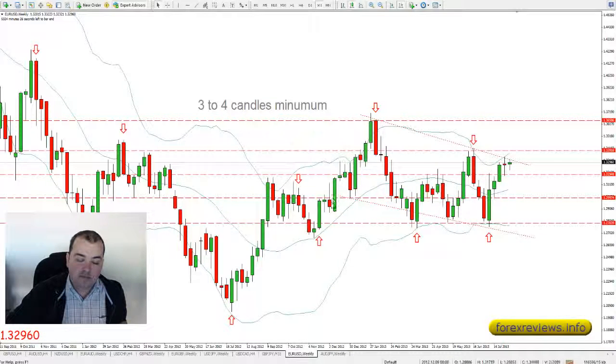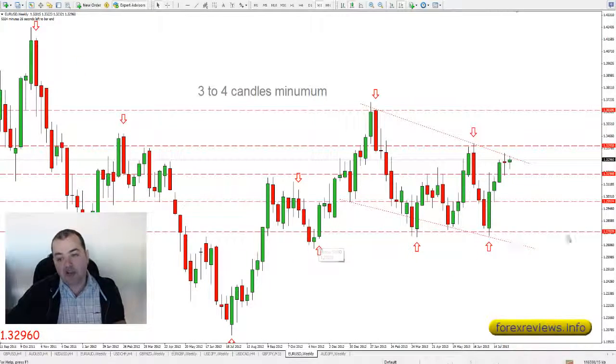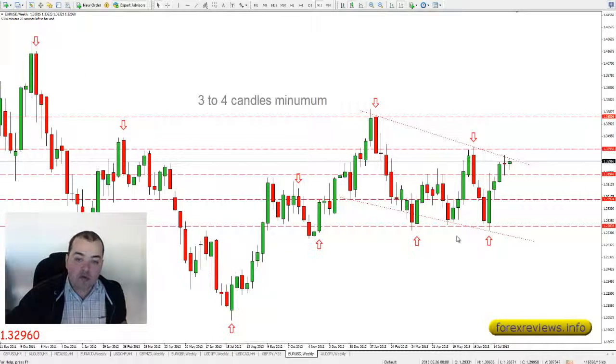Oh, actually, you would have. It wouldn't have made a difference. So basically, in a nutshell, the majority of the time you're going to be right, but sometimes you are going to be wrong. But as you can see, this one still went nearly 80 pips in your favor, and this one went nearly 50 pips in your favor.